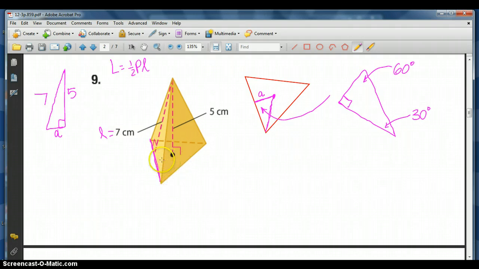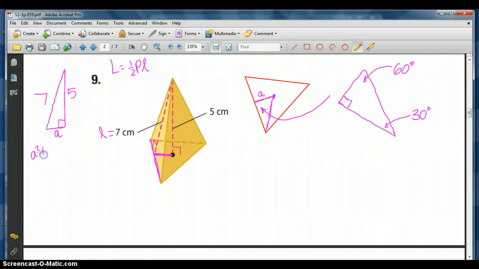So in order to do this, first we have to find this length right here, which would be the apothem. So we can find that because we have a right triangle. So a leg of 5, a leg of A, and a hypotenuse of 7.